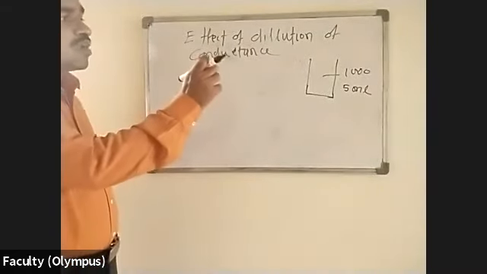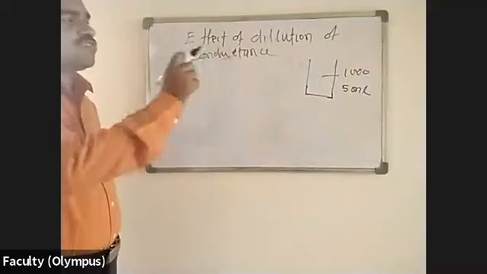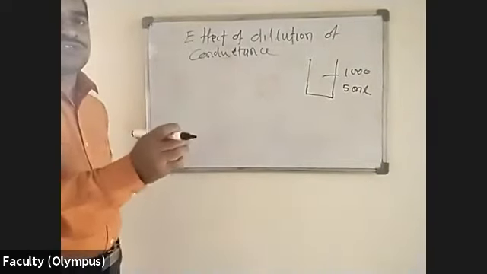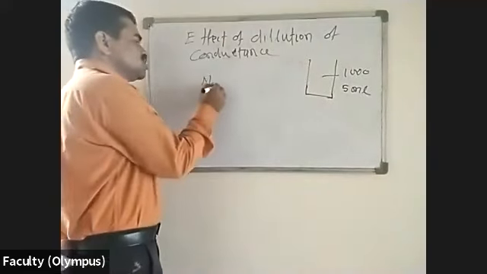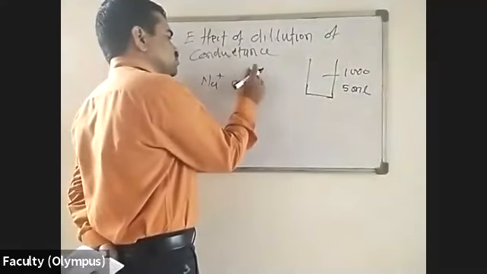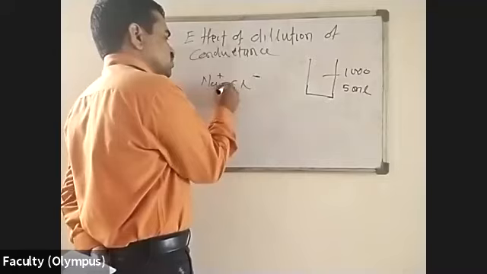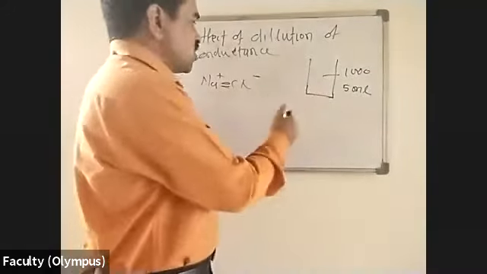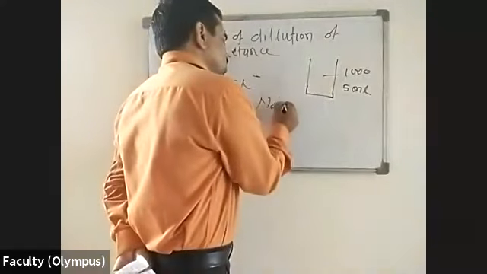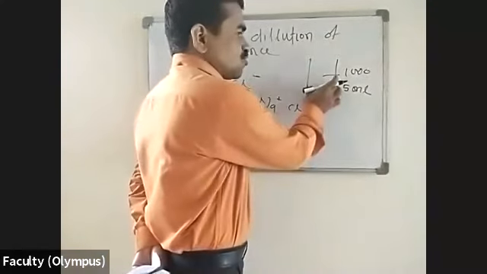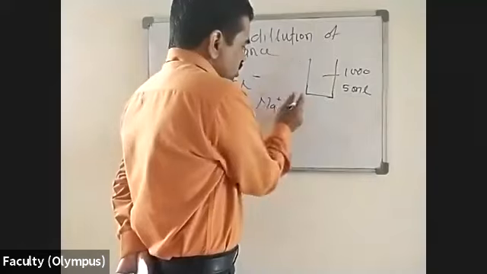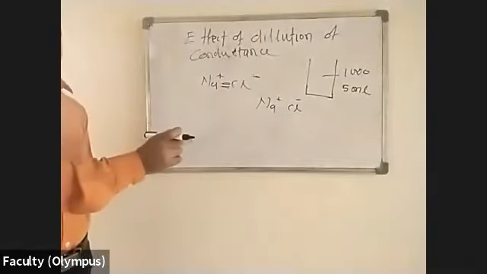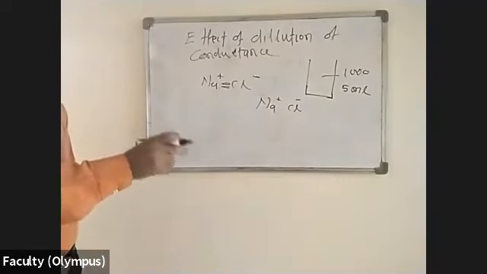Then there is crowding of ions, though it is a strong electrolyte. Yes, though it is completely dissociated, and this dissociation is reversible. As in this concentrated solution, these Na plus and Cl minus are close to each other, then again there is force of attraction, the frictional force, that will be more.